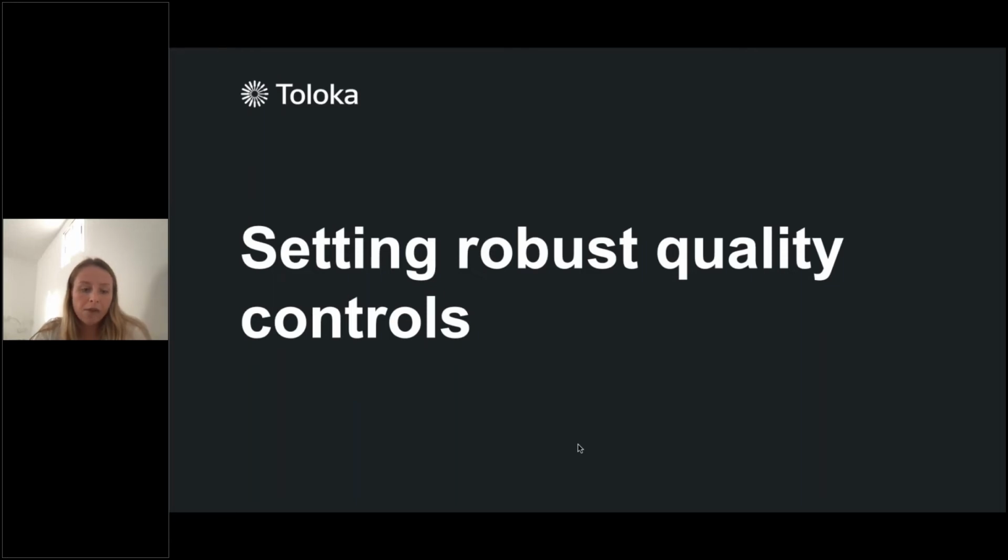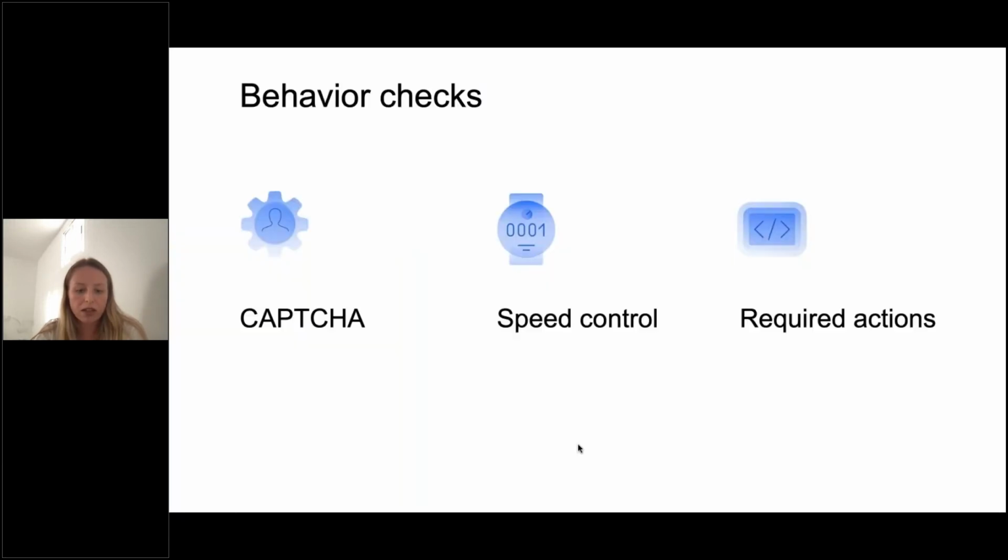So besides focusing on your performers, you should strongly focus on some quality control rules. So let me tell you a bit about those. We're gonna start with some very basic quality control rules, which we call behavior checks.